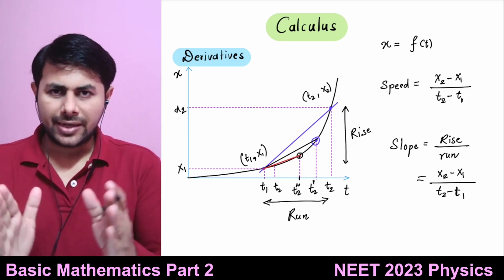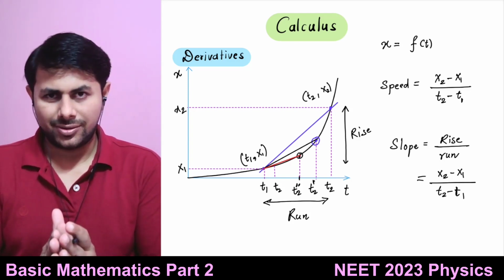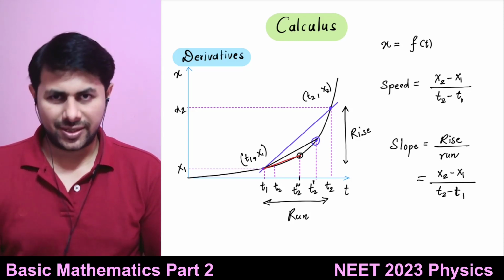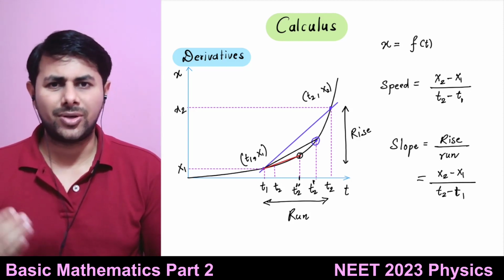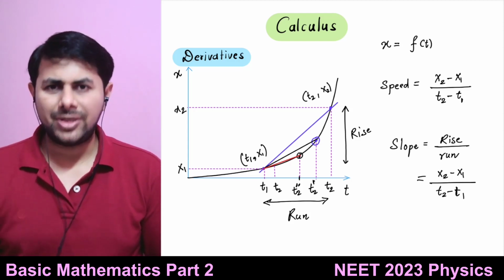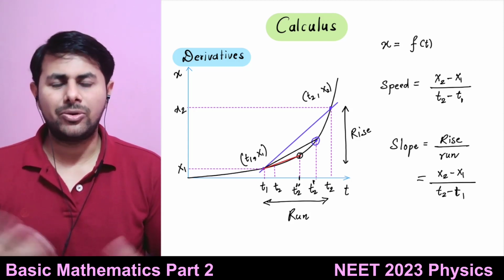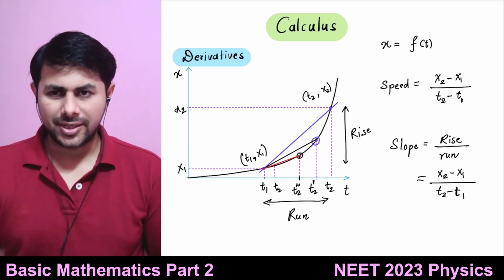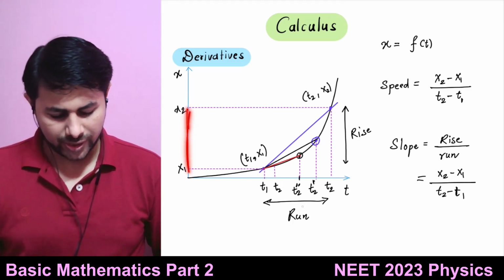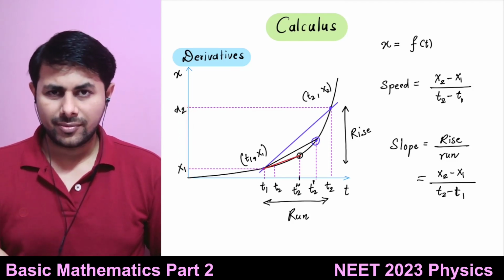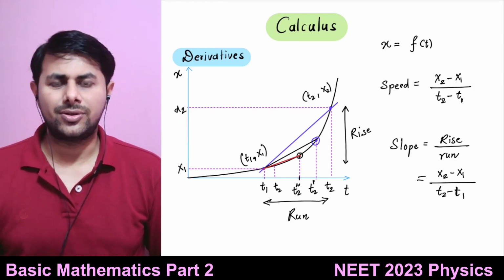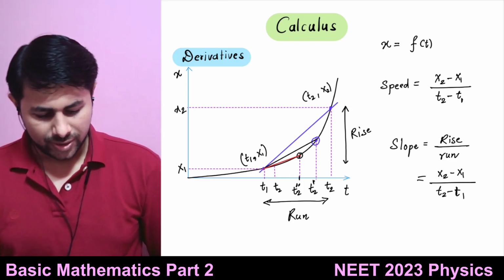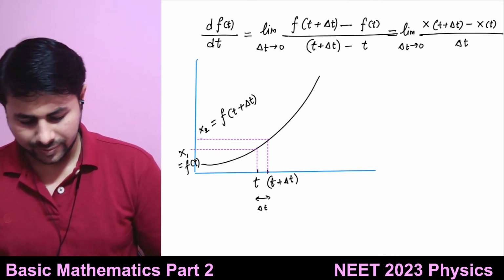Now if I make the time interval very, very small, almost zero, to find the speed or velocity at a particular instant, then this ratio, the change in position divided by the change in time, gives me the instantaneous velocity.